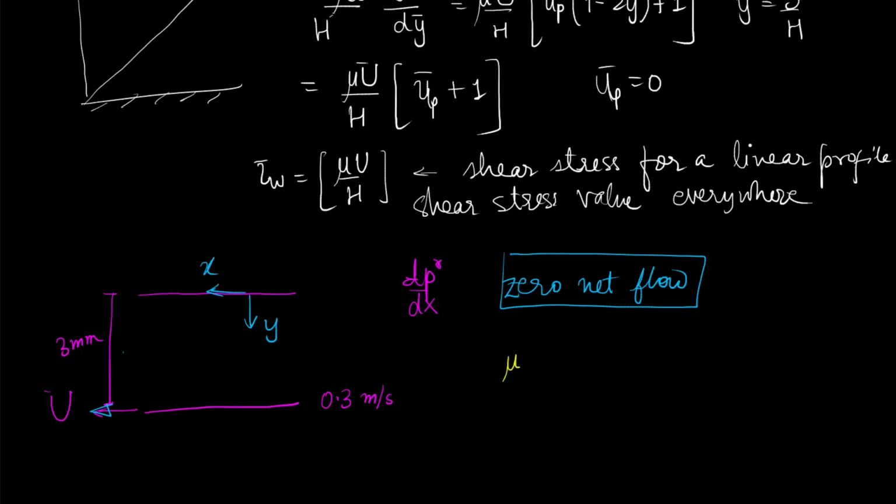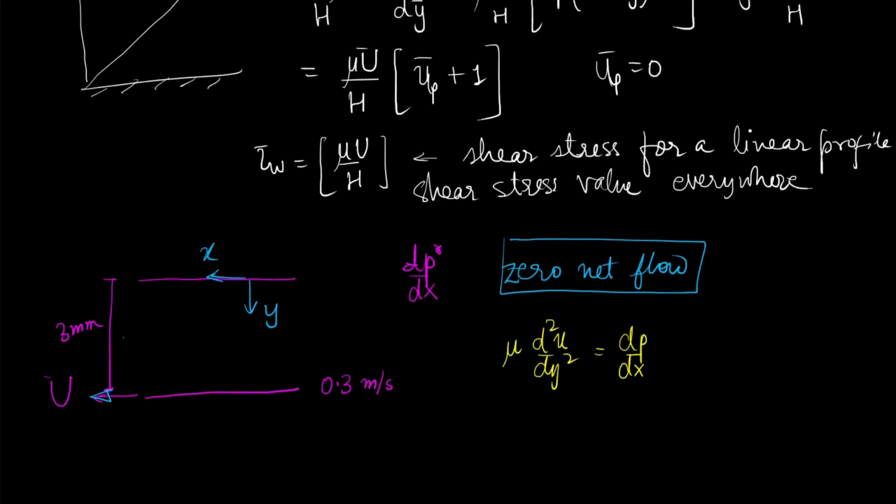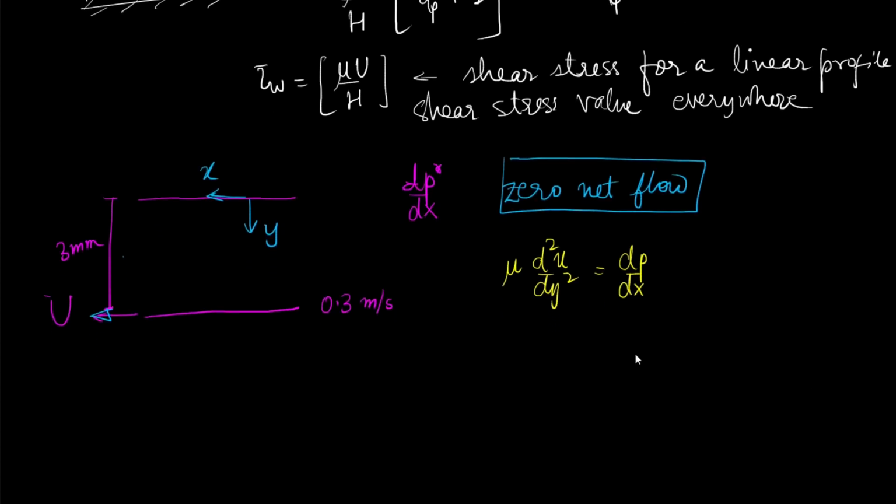We can write down mu d2u dy2 is equal to dp dx, but dp dx we know is going to be a constant. Upon solving this, I'm going to write down the boundary conditions. At y equal to 0, u equal to minus capital U, where capital U is equal to 0.3 meter per second.